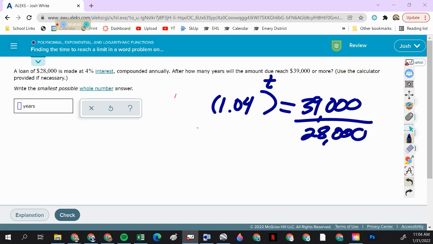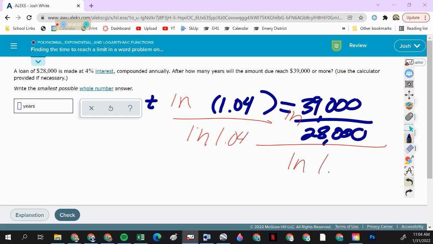Now we ln both sides. And that allows me to take this t and drop it out front. And I've just converted my exponential equation into a multiplication equation. What's holding the t and the ln together? Multiplication. So we divide by ln of 1.04.